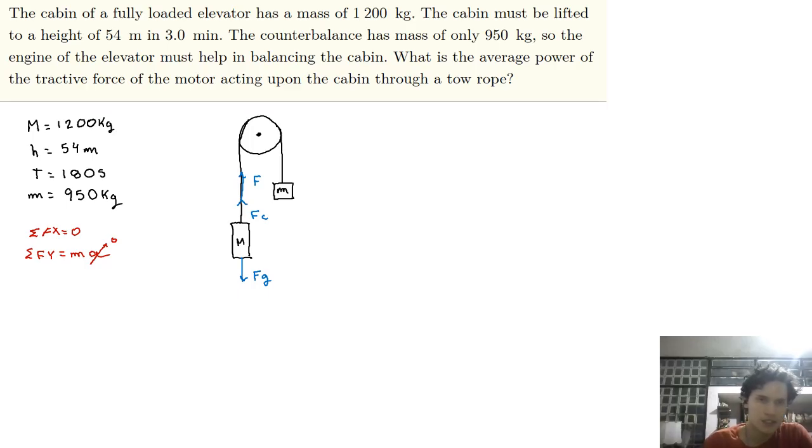So the forces in the y-axis are the force of the engine plus the force of the counterbalance minus the gravitational force, the weight. This is equal to 0. We clear the variable we are looking for.